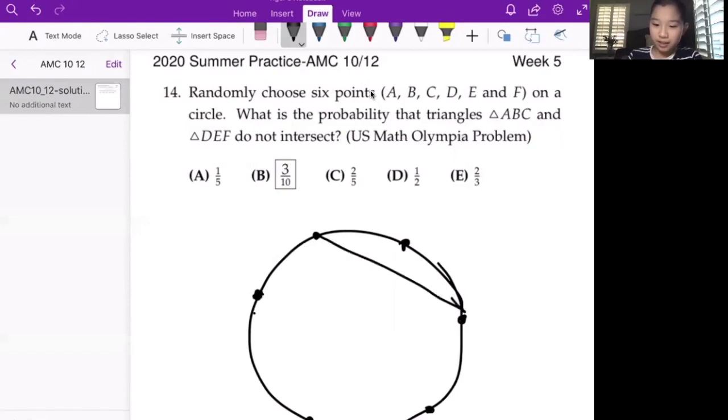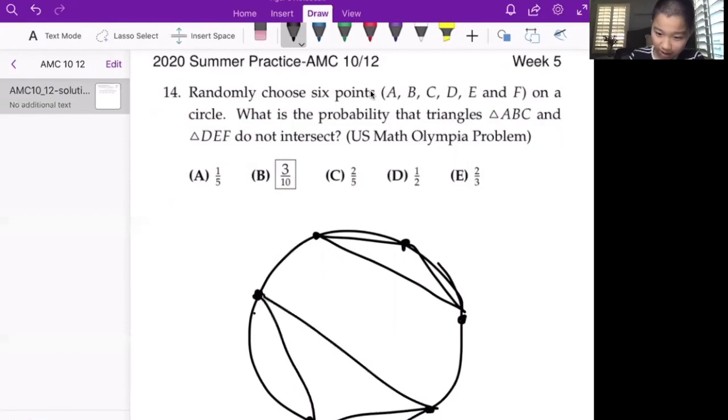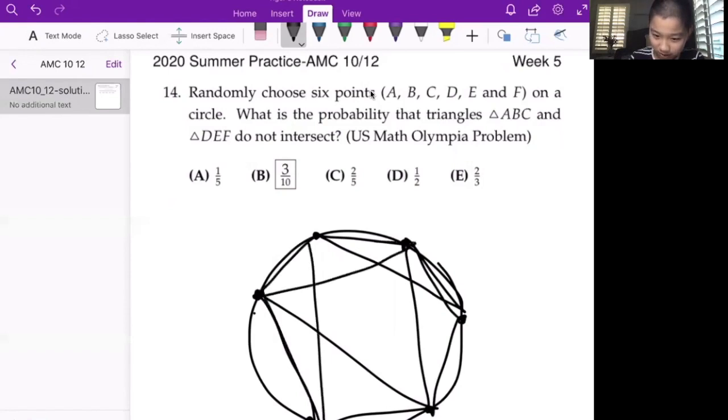So there are 6 triangles. Well, actually more like 3. It could be these triangle pairs or these triangle pairs or another one that I just drew. So there are 3 of them right now.